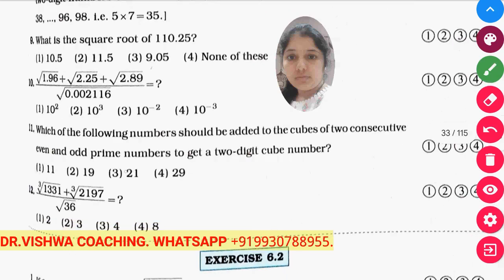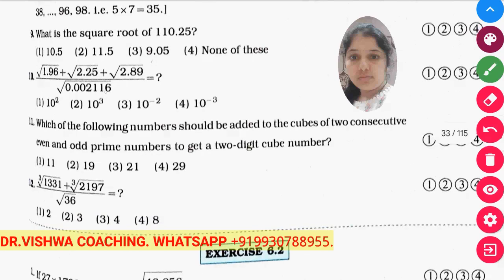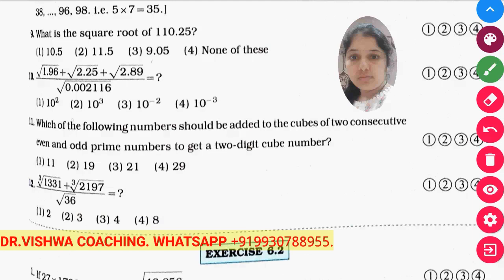Okay, now the next one. Here again you have to find the square root of the given number. You can find 196 is the square of 14, 225 is the square of 15, and 289 is the square of 17.